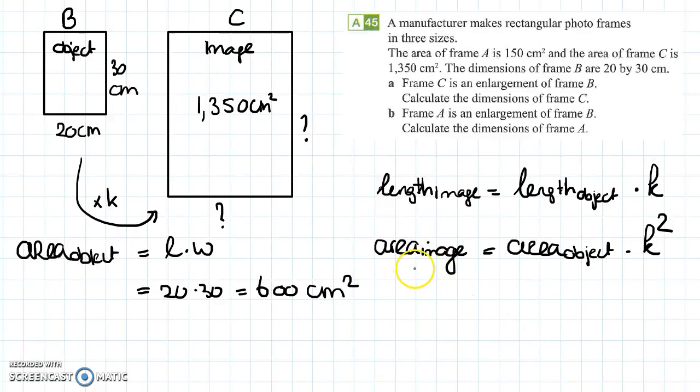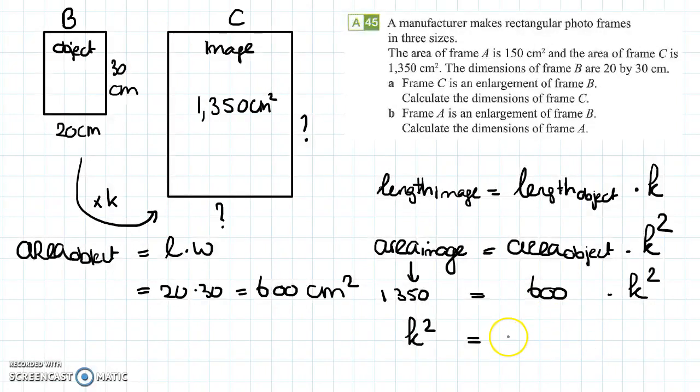That means that in that formula for the area, we can put the area of the image, 1350, and the 600 as the area of the object. Now we know that 600 has been multiplied with K squared, our scale factor squared, and that resulted in 1350. So to calculate K squared, we divide 1350 by 600, and we get 2.25.